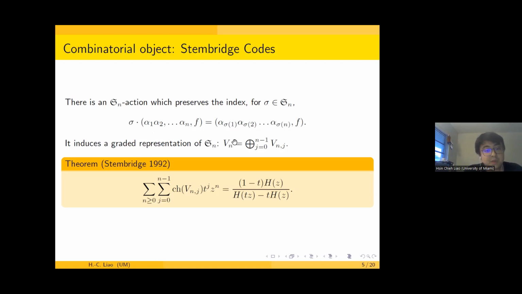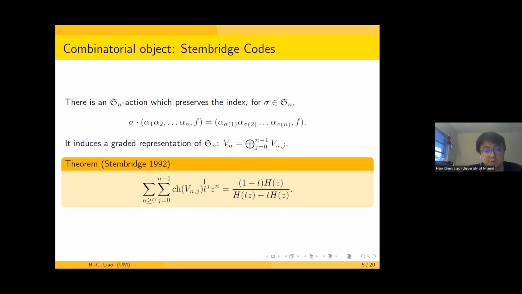And this action will induce a graded representation of Sn on the space spanned by codes of length n. So in 1992, Stembridge computes the Frobenius characteristic of this representation, and it turns out that he obtains the same closed form we saw before.